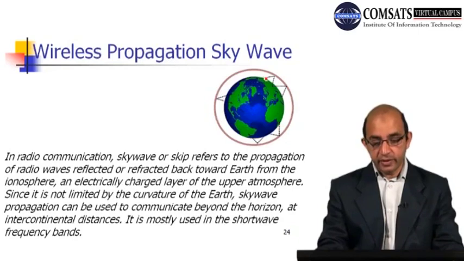So if you look at the contour of the earth, if you want to have line of sight communication, right? So you have to have an antenna at a much greater height, right?